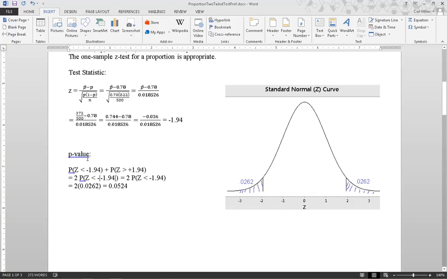Now the p-value is where we go back and see the alternative hypothesis said not equal to for the inequality. So we agreed at that point to look to the left of the negative absolute value of the z-score and to the right of the positive absolute value of the z-score to get the overall chance of being 1.94 or more standard deviations from the mean, or from a mean of 0 in the z-curve, in either direction.